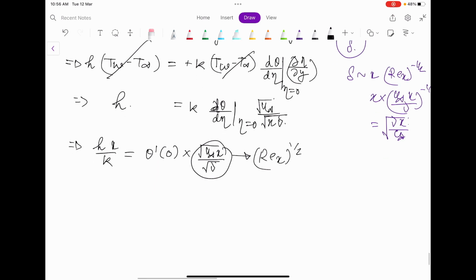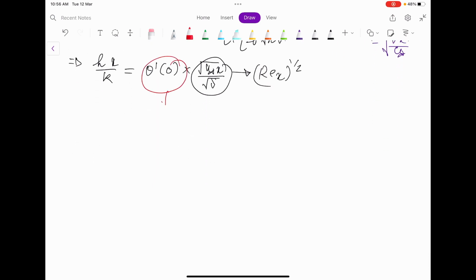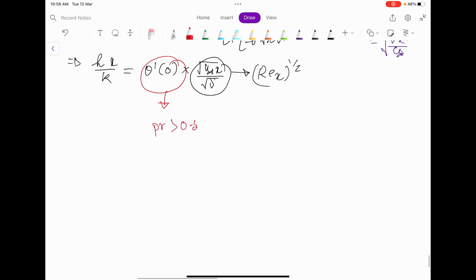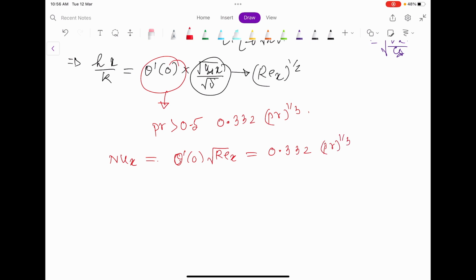And Pohlhausen showed that for Prandtl number greater than 0.5, this is 0.332 into Prandtl number whole to the power 1/3. So the Nusselt number based on x becomes theta dash of 0 into root Rex, and that is 0.332 Prandtl number to the power 1/3 and Rex whole to the power half.